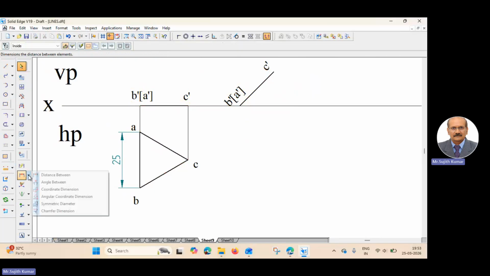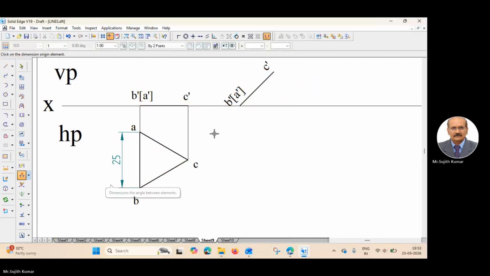Then go to the angle between command for the angle between these two lines.